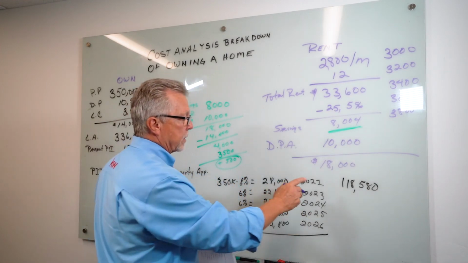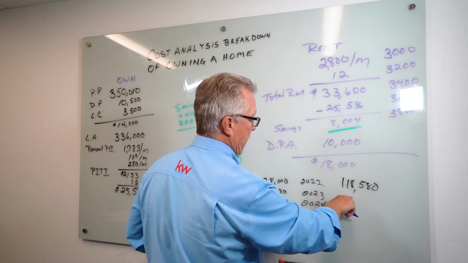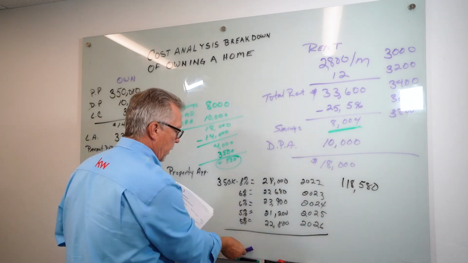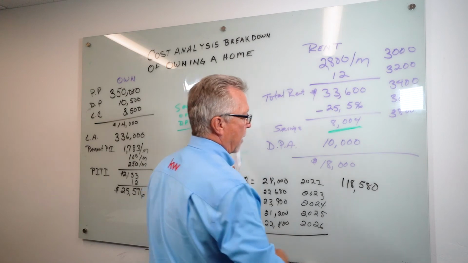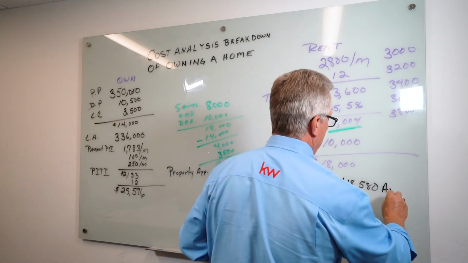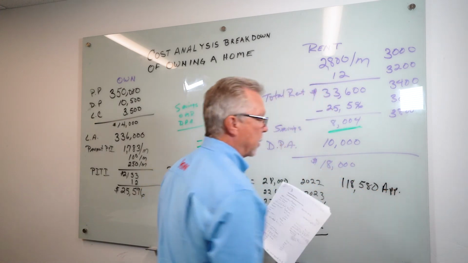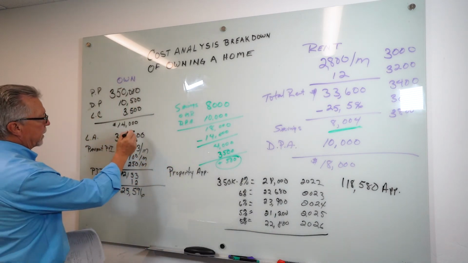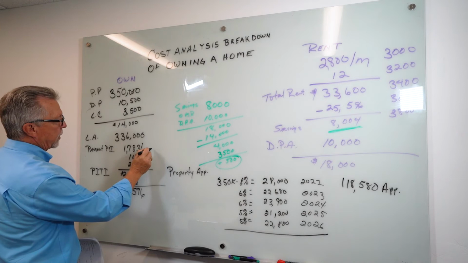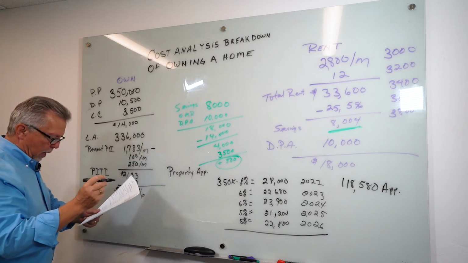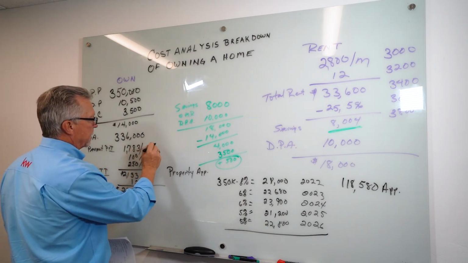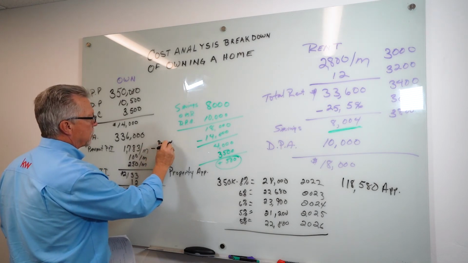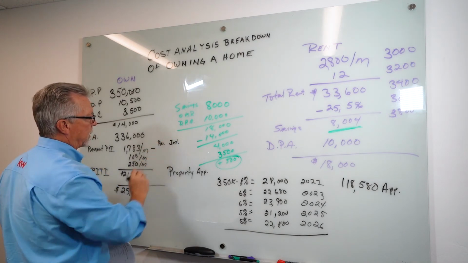Okay? But here's something I want you to understand. This is appreciation only. It's only the appreciation of the property value. But you know what else is happening? In this payment over here of $1,783, partial payment goes towards the principal, and partial payment goes towards the interest.